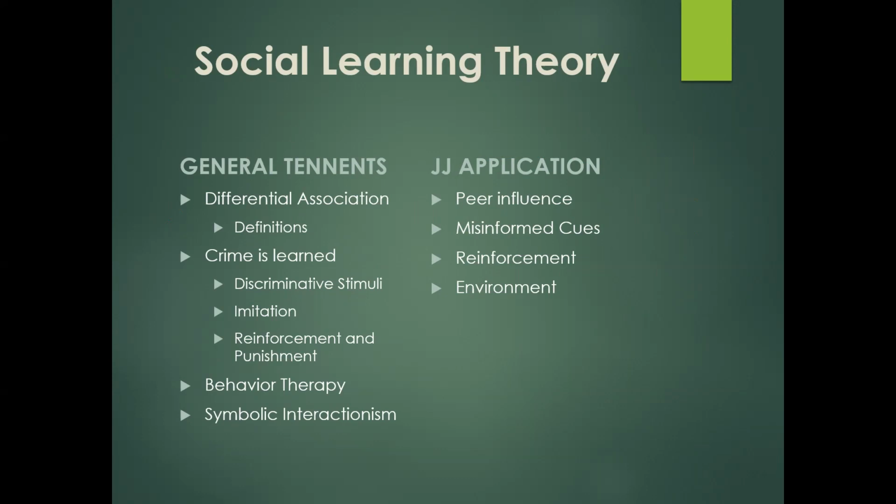With social learning theory, most often we're going to talk about differential association. This is about the reinforcement and punishment, and operating within your peers, your peer influence. It says everything is learned.